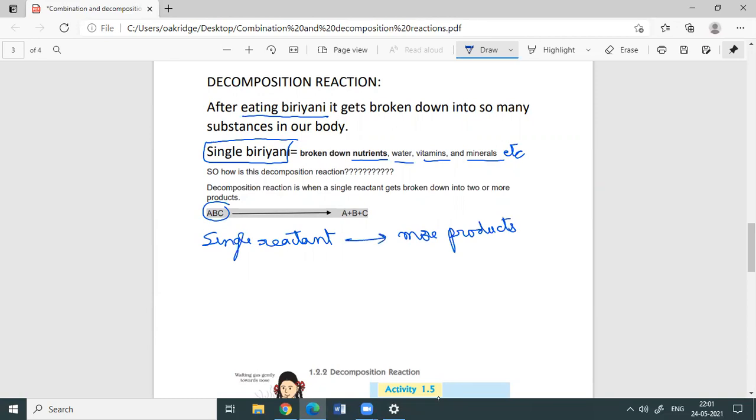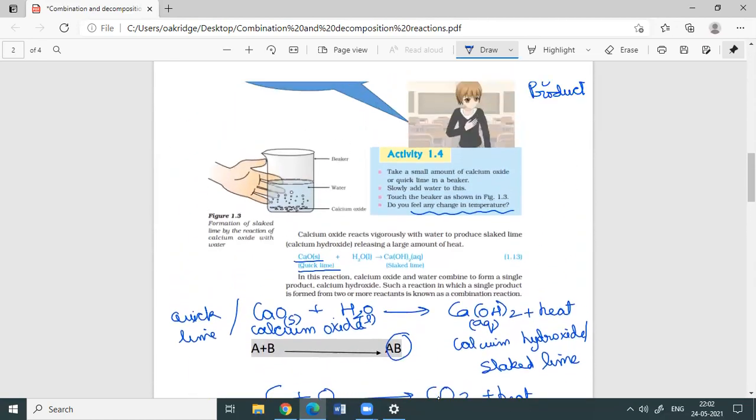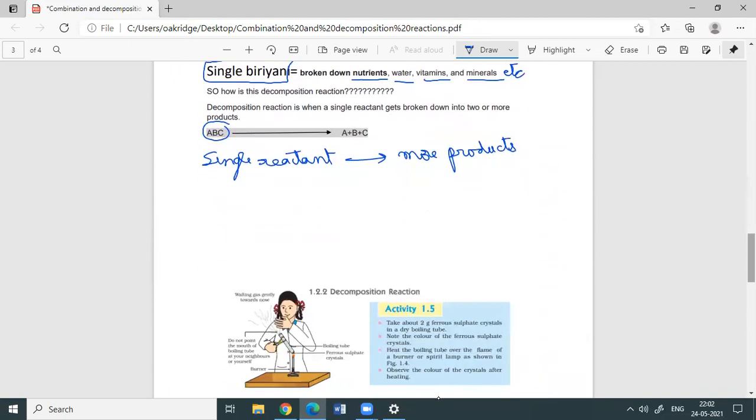Easy, right? So if you see a single product, it's a combination reaction. If you see a single reactant, it's a decomposition reaction.